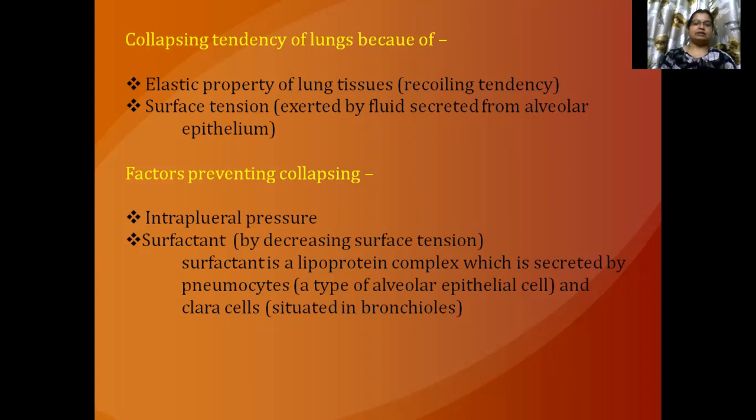Surfactant decreases surface tension. Surfactant is a lipoprotein complex secreted by pneumocytes and Clara cells. Pneumocytes are a type of alveolar epithelial cell and Clara cells are situated in bronchioles. Clara cells are also called bronchiolar exocrine cells.